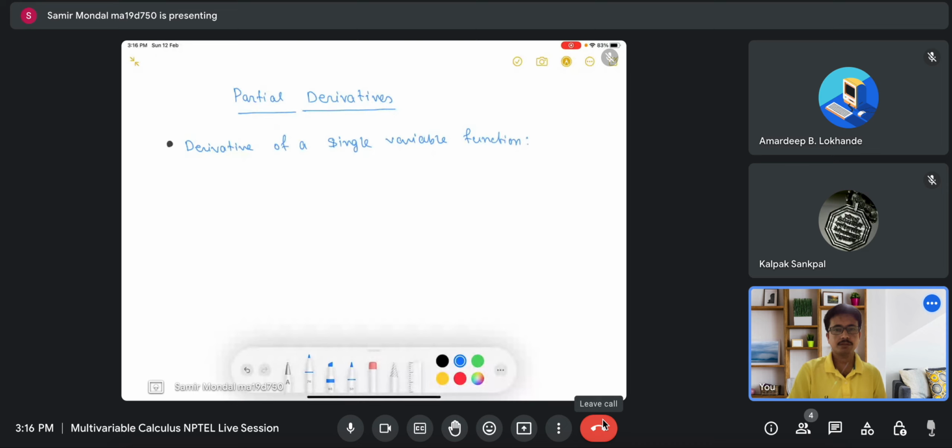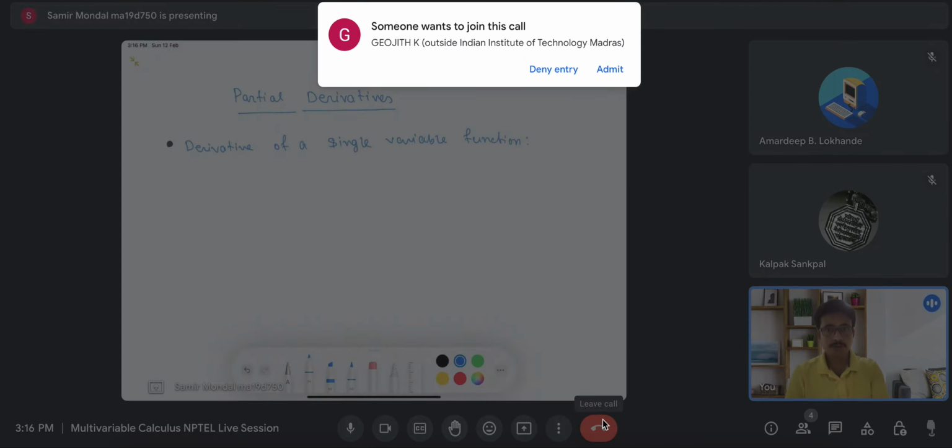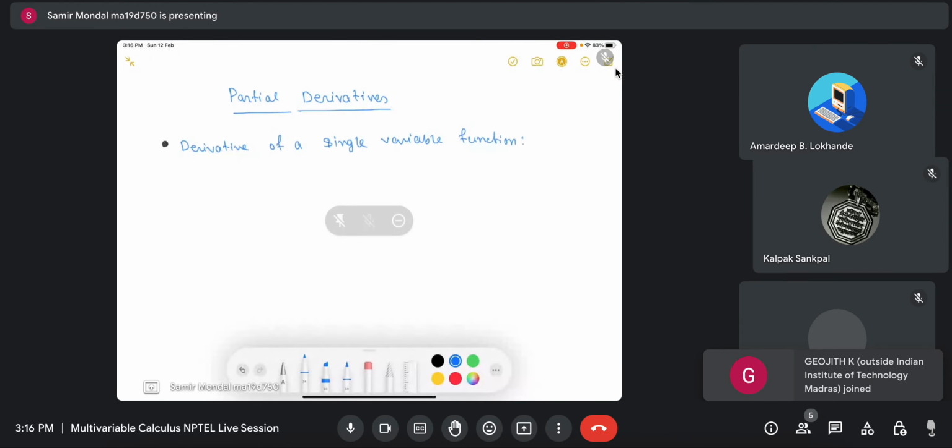Okay, so the geometrical interpretation of derivative.